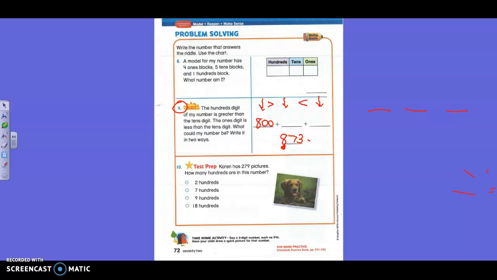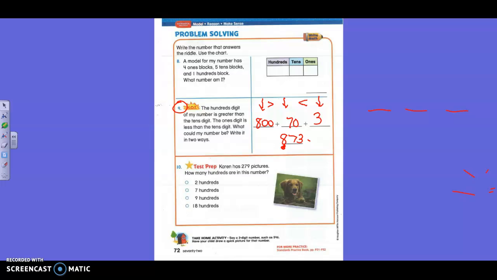Then what, Clara? 70 in the second one. And what's in the last one, everyone? 3. Because that's how you say that number, right? 873.